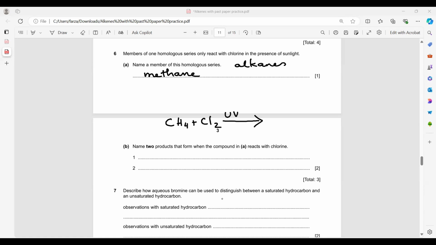That's the condition. So what will you get? What are the products? The products will be chloromethane and hydrochloric acid. So the answer would be chloromethane and HCl. Is that clear?